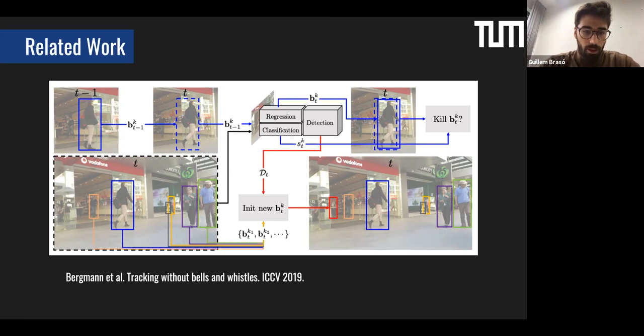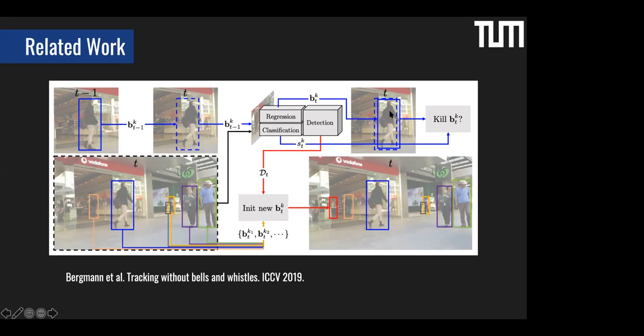Okay. So the idea is that you start at frame t-1, then for frame t you just use the same coordinates, and you feed this region of interest to Faster R-CNN, to this regression head, and it will tell you, okay, you need to move it a little bit to the right. So you just detect, you don't track in the first case.